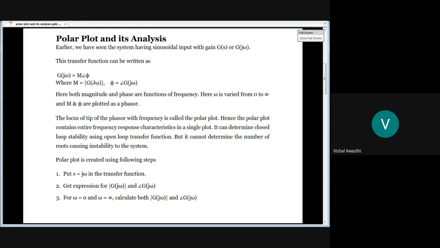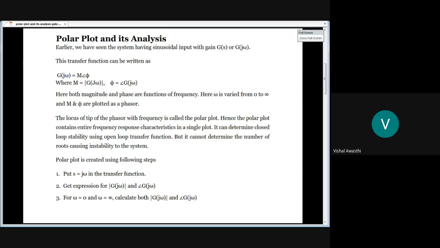How do you draw a single plot having three different parameters: magnitude, phase, and frequency? Again you have a magnitude and a phase with the variation of frequency, and this frequency is again going to vary from 0 to infinity.